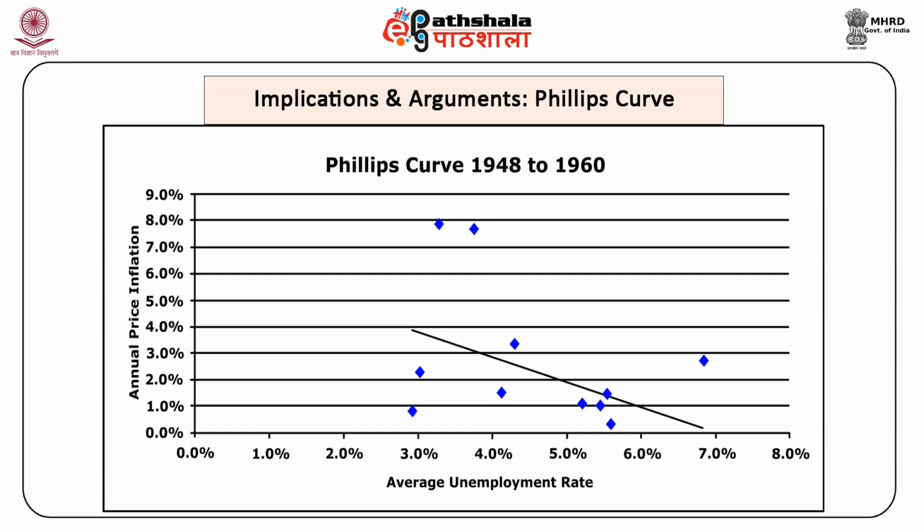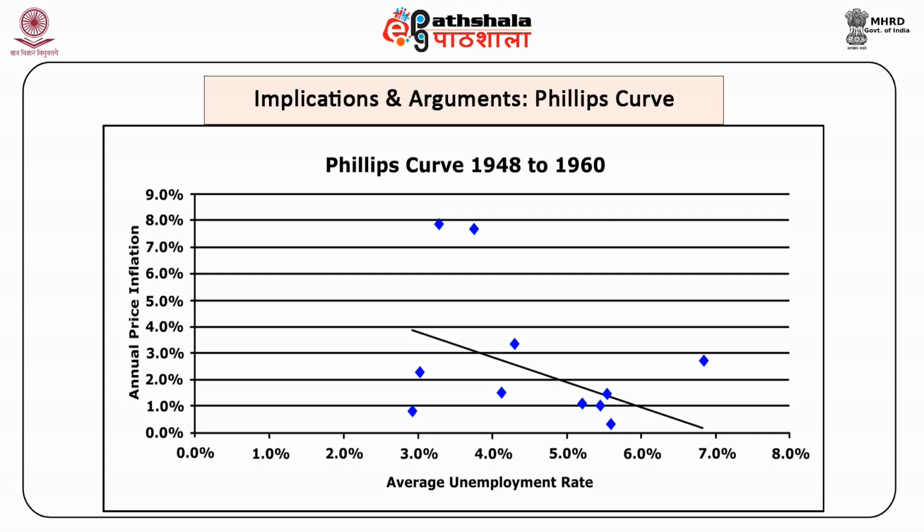The downward sloping curve seemed to represent a stable relation which the policymaker could use to choose different combinations of inflation and unemployment. The Phillips curve relation held a lot of influence in academic and policy circles till the end of the 1960s.